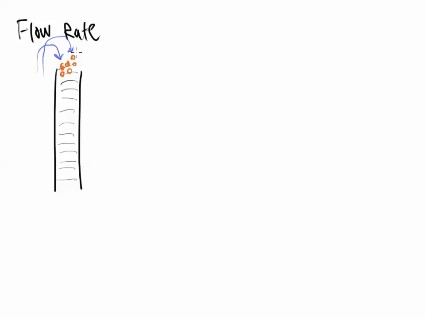Okay, so imagine you have a column with stationary phase on the inside, and I have injected sample up here at the top. Well, my mobile phase is going to come through and begin to push this sample through the column. But this is a variable that I need to control.